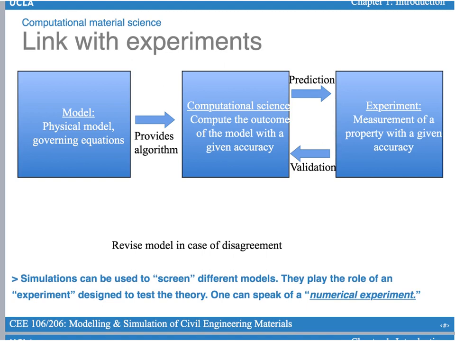Or if you have a disagreement between experiments and simulation, then there are two things. It can be due to the accuracy of the simulation itself. So you may need to increase the accuracy of the simulation that you are running, so solve your model analytically in a more accurate fashion, or you will have to refine your model.